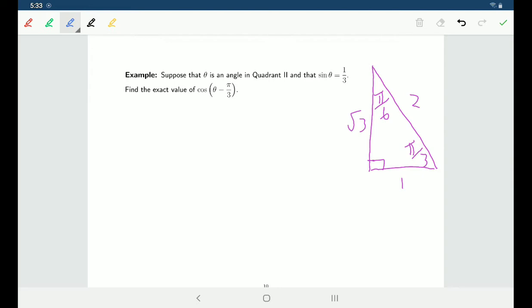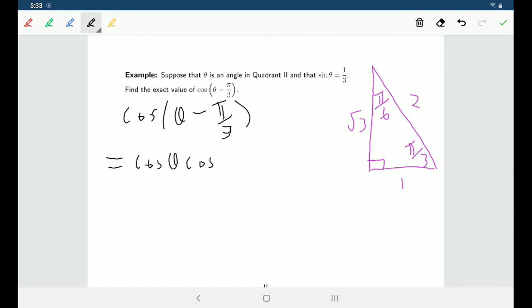First thing, if we're looking for cosine of theta minus pi over 3, using the identity that we had at the start of the last video, that would be cosine of theta cosine of pi over 3 plus sine of theta sine of pi over 3.